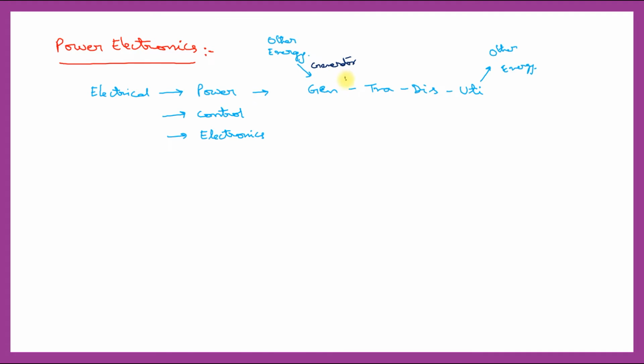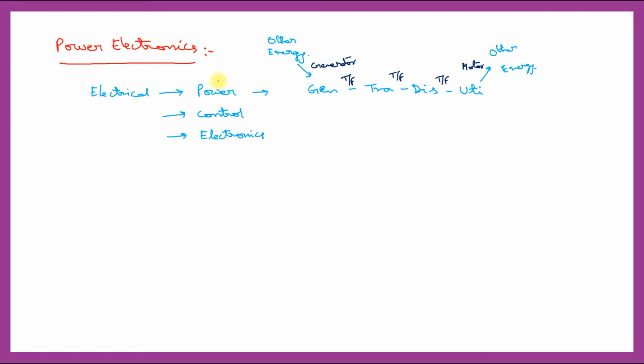From generation to transmission I need a transformer. From transmission to distribution I need another transformer. From distribution to utilization I need one more transformer, and from utilization to other energy I need motors. These dark blue colored things are all electrical machines.